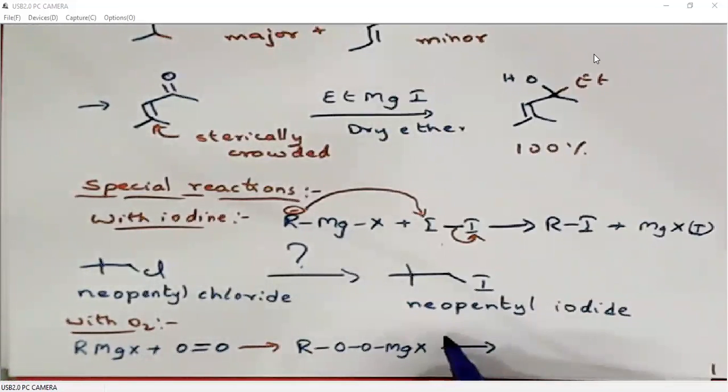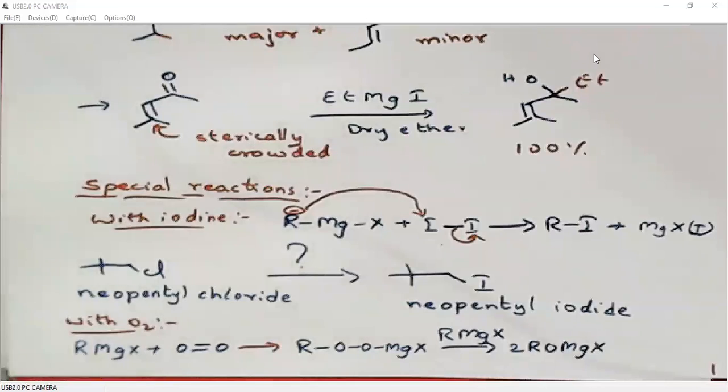Then again one more molecule of Grignard reagent will attack this, so we will have 2 ROMgX. When we add water or dilute acid, what is the product?